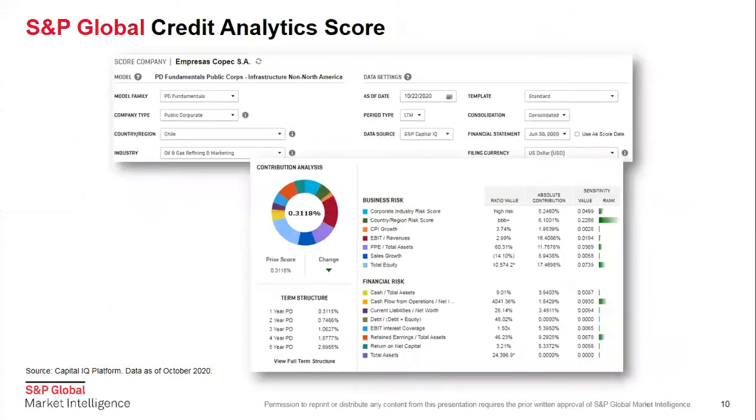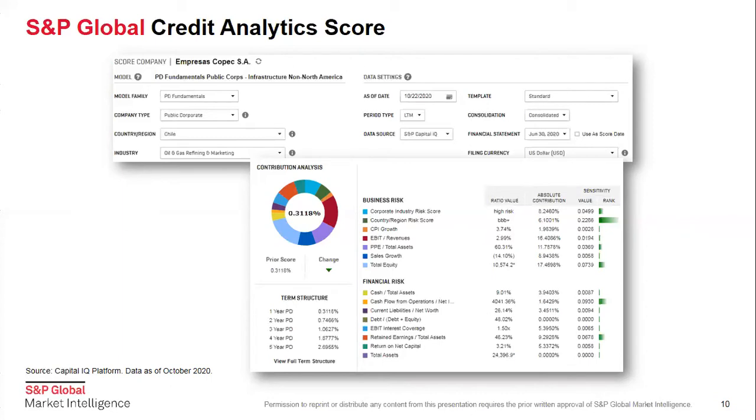This is an example of a credit analytics score, which can now be generated to test that standalone risk profile of an entity which we're taking a look at. In this case, we see that the probability of default is 0.3118%.